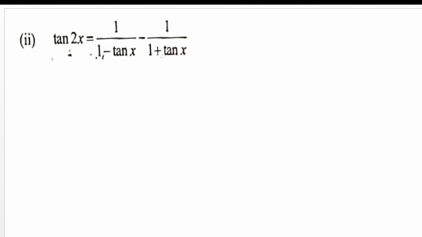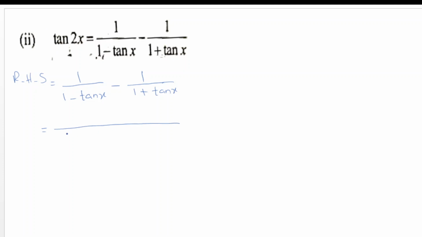This question is in front of us: sine 2x equals 1 minus tan x over 1 plus tan x... The right side is a little bigger compared to the left side, so it's easy to solve this question from the right hand side. So let me write: 1 minus tan x over 1 plus tan x... When two fractions are there with a negative sign between them, we will take the LCM.